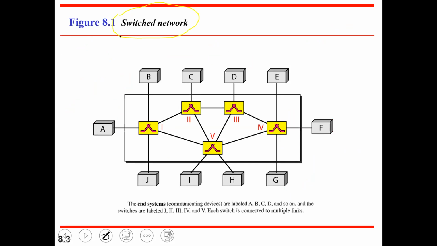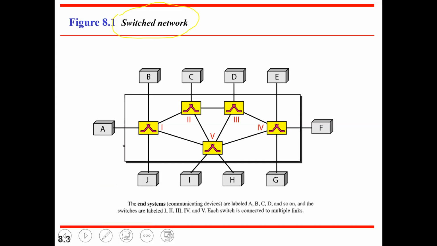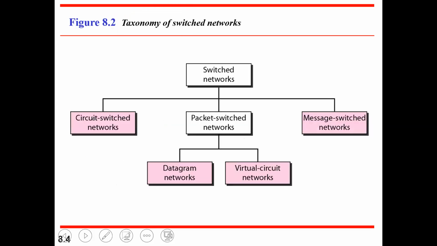In a switch network, instead of using a dedicated link between each pair of devices, we will be using intermediary devices, which are switches. This picture depicts a switch network. You have different end devices, your computers, normal devices.